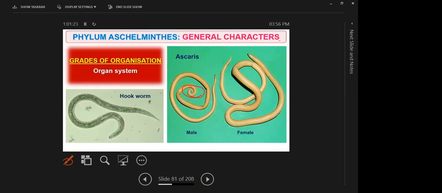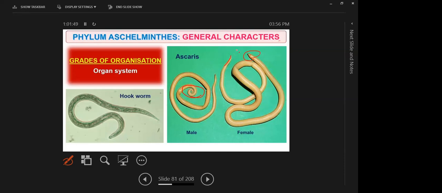How do you know this is head and this is tail? What is there in the head? A globular portion, and it has a sensory structure, right? Yes. So in the male the tail end is coiled.